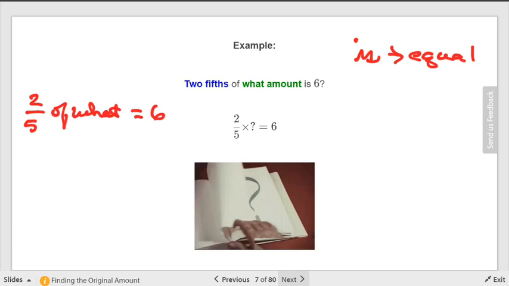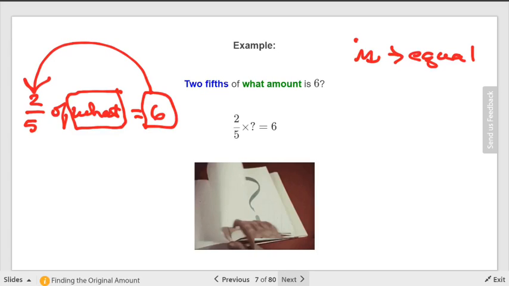Okay? So 2/5 of what is 6? So here I'm missing my original number. Do you agree? Well, that means I can work backwards and find it. So I'll take 6 divided by what?